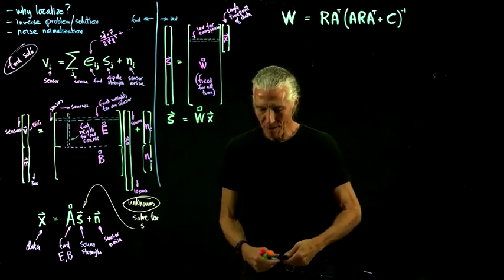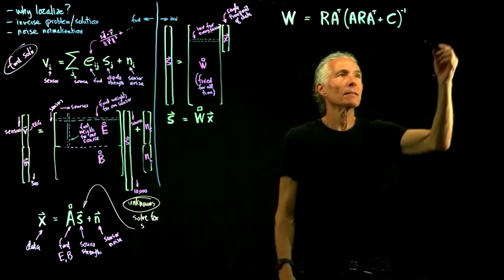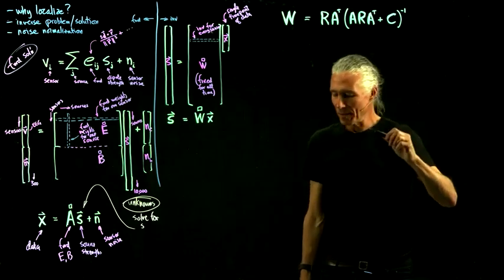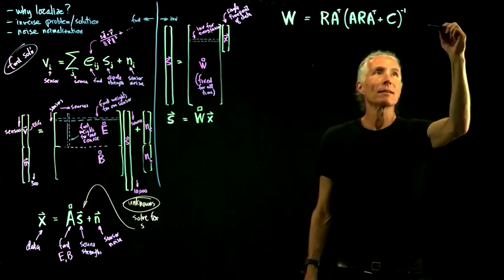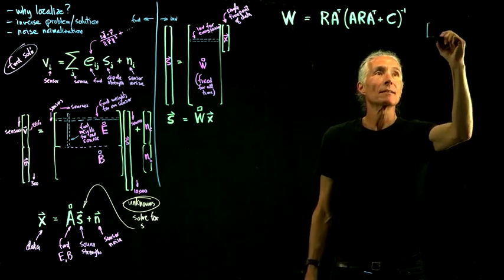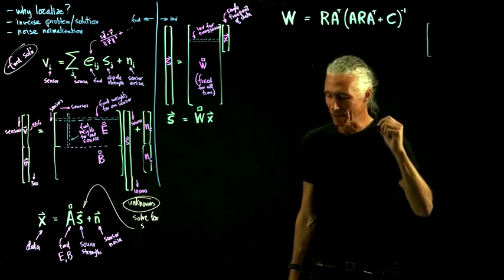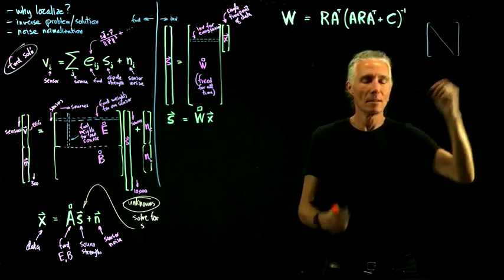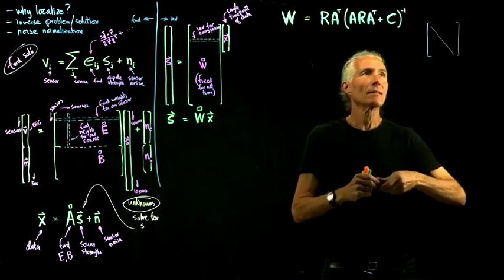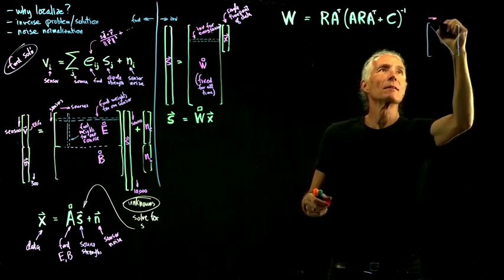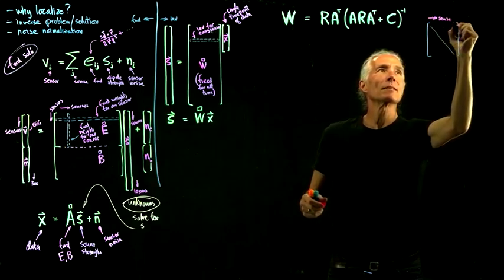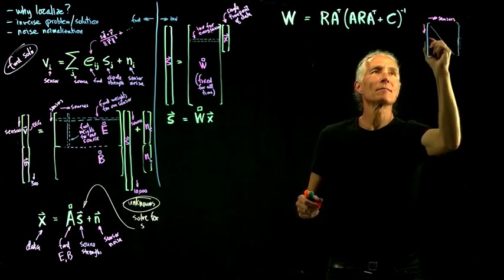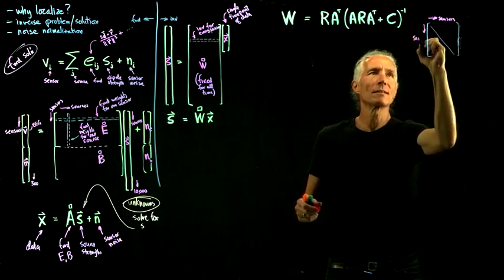And we get all the extra numbers from several additional matrices. And so the C matrix here, it's a small matrix that has sensors by sensors. So this is sensors by sensors. And it's the variance and covariance of the sensor noise.